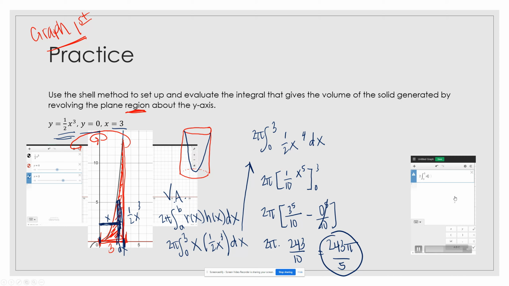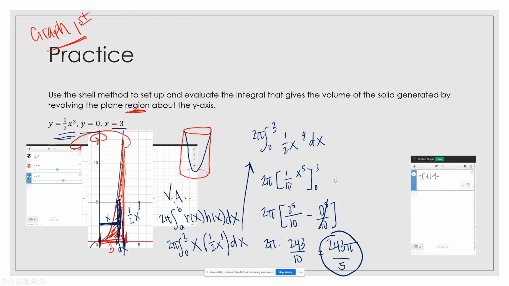I'm going to put x times 1/2 x cubed dx, and then it solved it for me, 48.6. I clicked on this button here because that turns it into a fraction, and I got 243 over 5, and we multiplied by pi. So you can multiply this out using technology, or you can do it by hand.